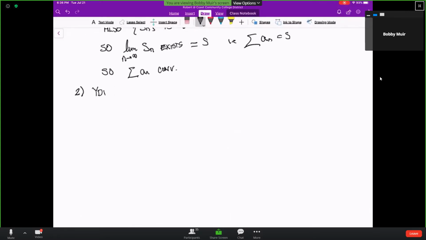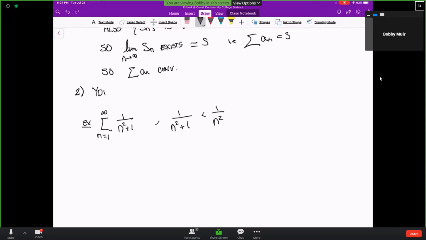Okay, so now we go back to this problem that we had to haul out the integral test for, the sum from 1 to infinity of 1 over n squared plus 1. So let's recognize something here. 1 over n squared plus 1 is less than 1 over n squared, right?